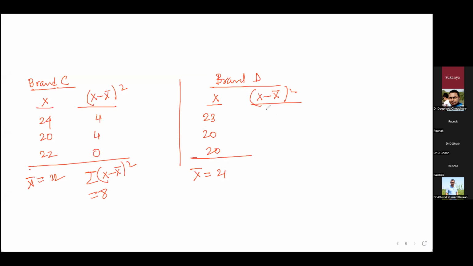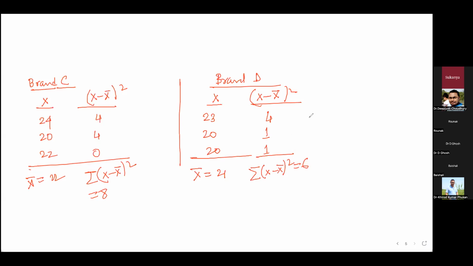As a result, we have the variations: 23 minus 21 is 2, 2 square is 4, and again 20 minus 21 is minus 1, minus 1 square means 1, and 20 minus 21 is minus 1, square means 1. And here the summation of x minus x bar whole square is equal to 6. 4 plus 1 plus 1 is equal to 6.